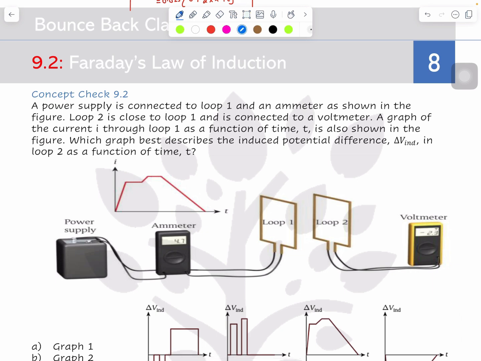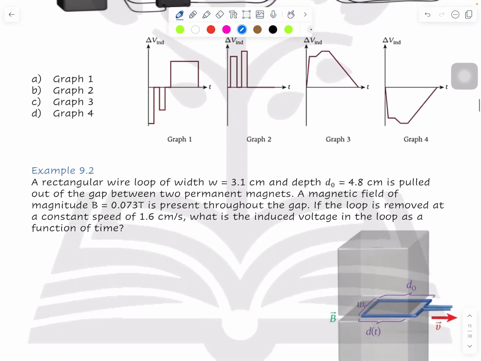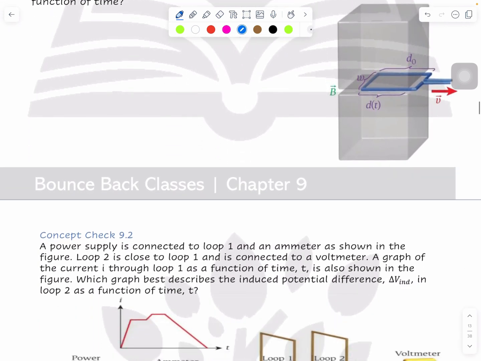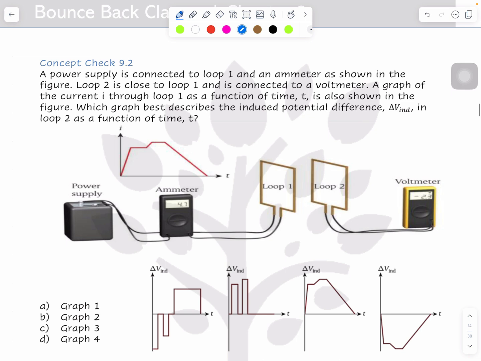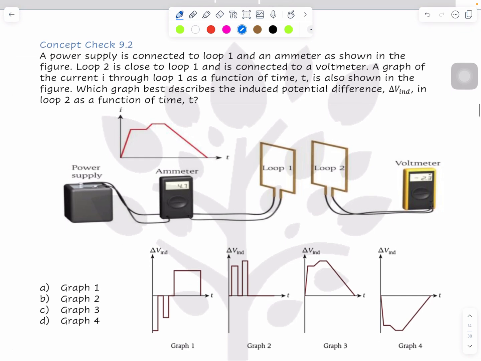Now we have the numerical, and let's start with this one. Concept check 9.2. But guys, on the one page, I have two numericals for your notes, but I have already separated them. So I will start from here. A power supply is connected to loop 1. This is your loop 1, and an ammeter, here is an ammeter as shown in the figure. Loop 2 is close to loop 1.